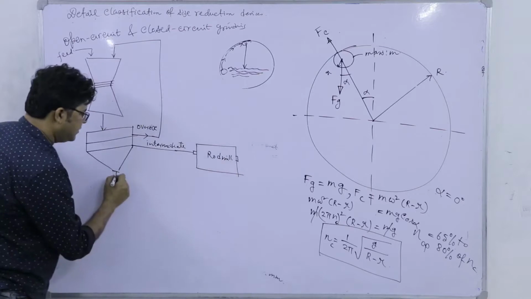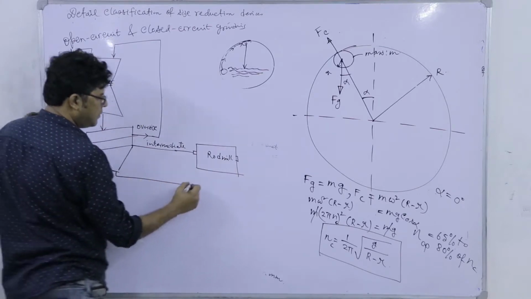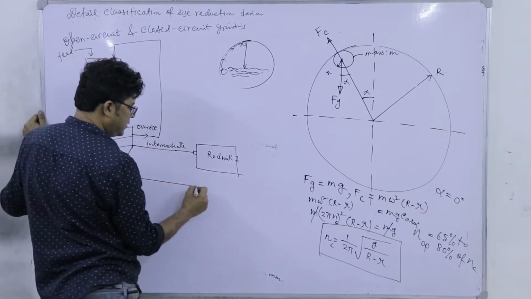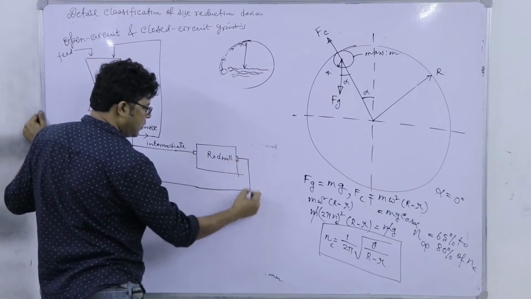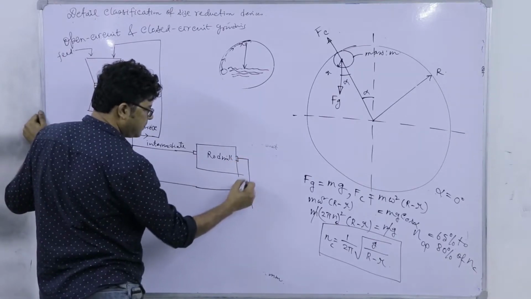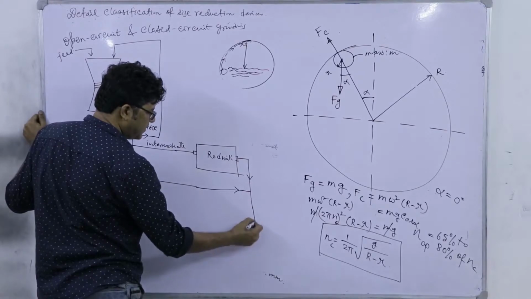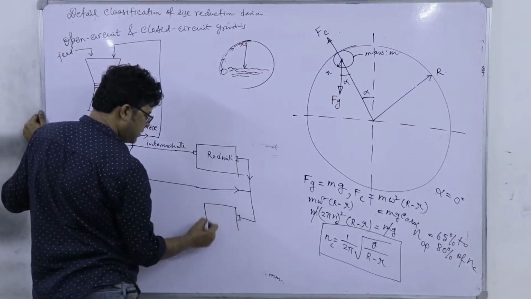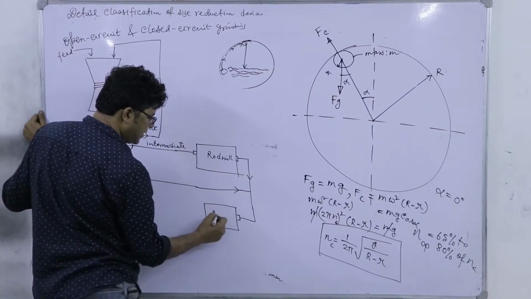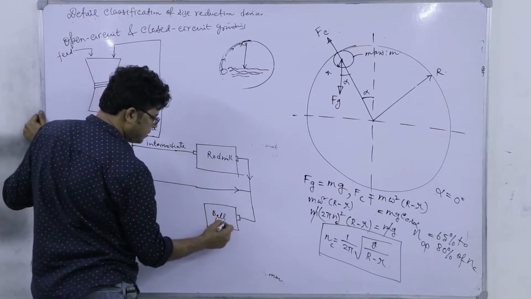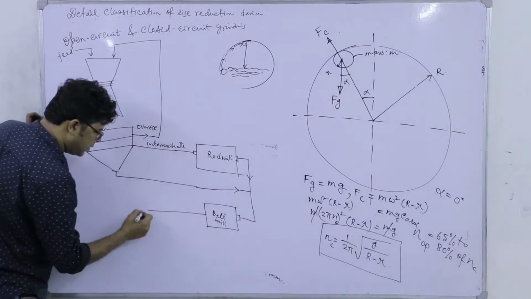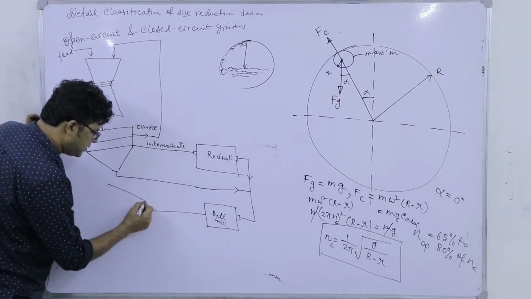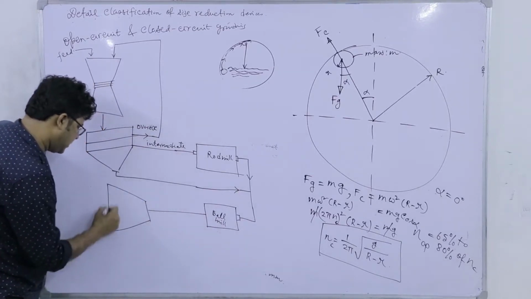And this is the fine, which will mix with this rod mill product. This is an example, not the universal diagram, and you feed it to the ball mill.